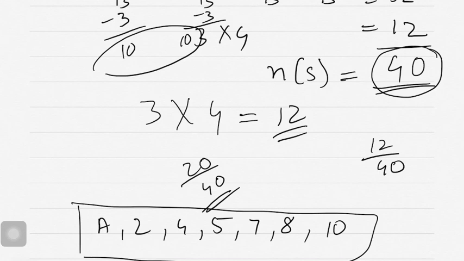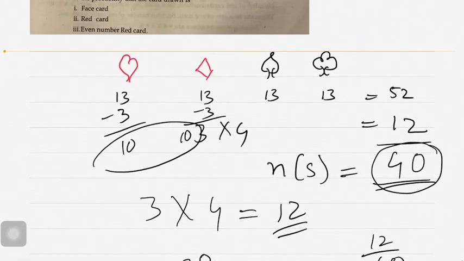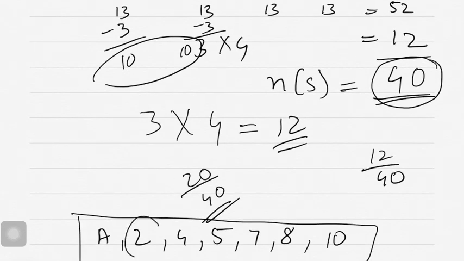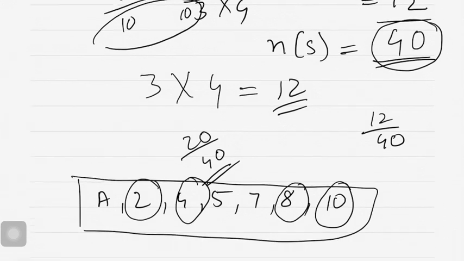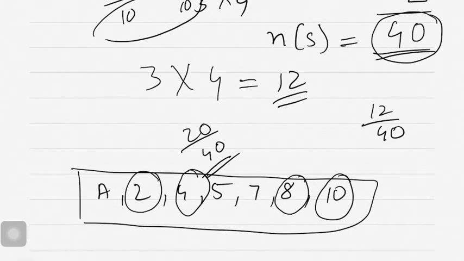Right? Okay. So even number red cards. Even number red cards are 2, 4, 8 and 10. Right? Red cards, there are two sets. One is diamond and one is heart. So that means 4 plus 4. There are 8 cards which are remaining. So the answer for that would be 8 divided by 40. Correct?